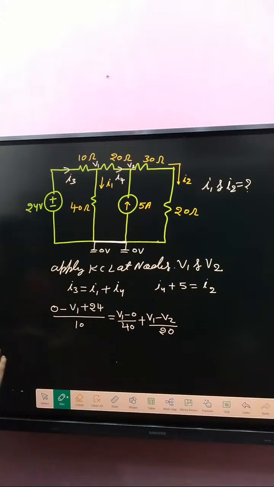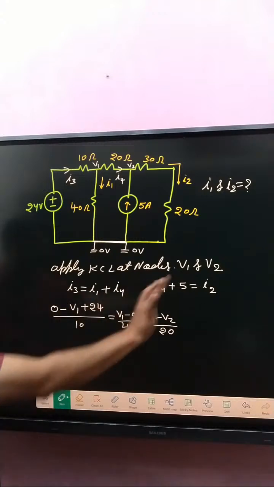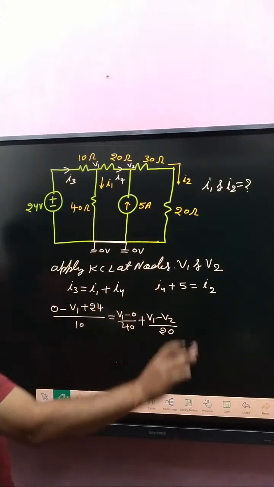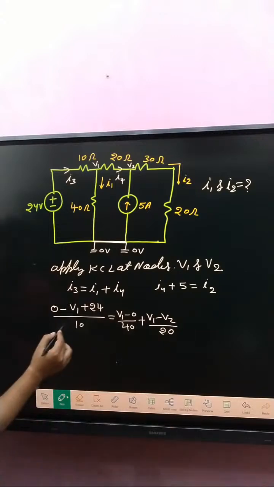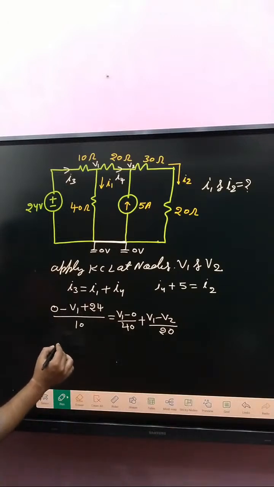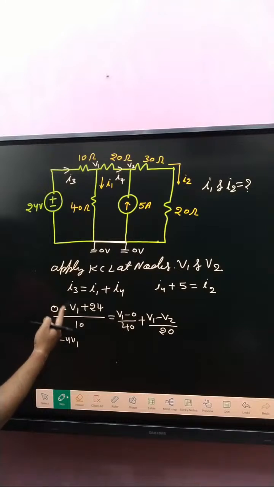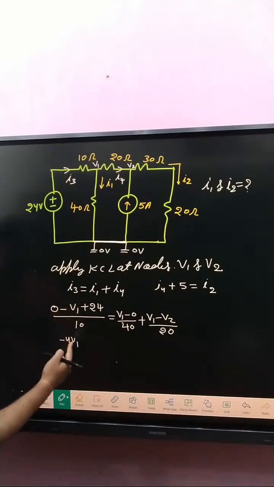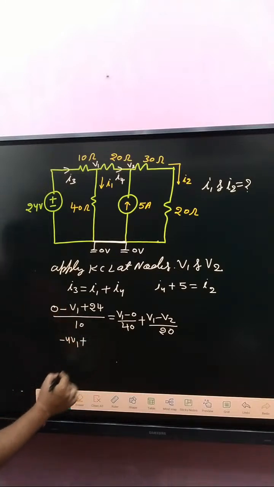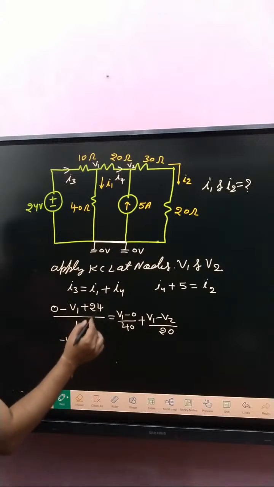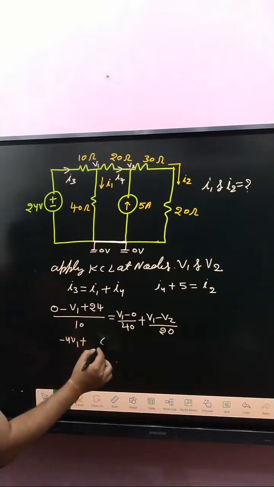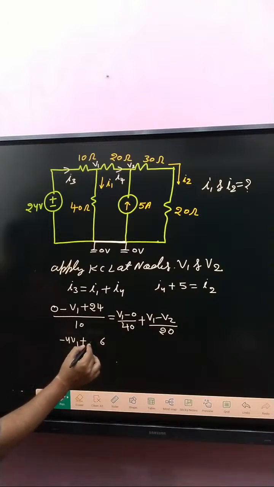Okay. Now multiply by 40, multiply by 40 on both sides. Then how much? That is 4 into, we got 4V1. Because multiplying by 40, 40 divided by 10 is 4, into V1 plus 6, and that is 96.